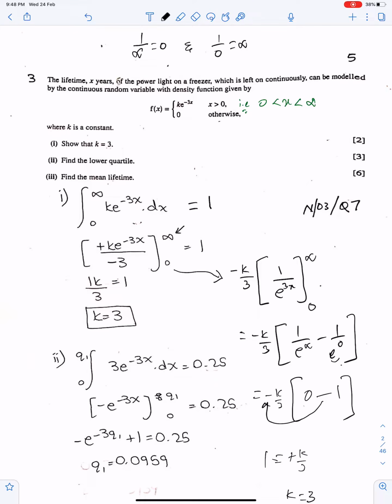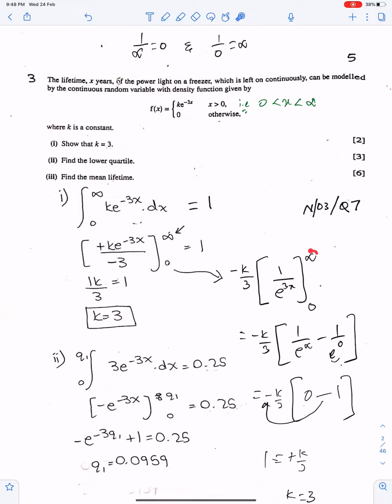When you will apply the limits, before applying the limits, you should first get the simplified form of this. First get this thing, bring k upon minus 3 outside the bracket and bring this e minus 3x in denominator to make the power positive.